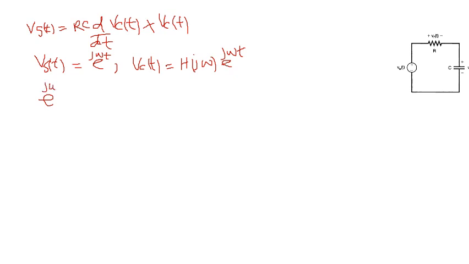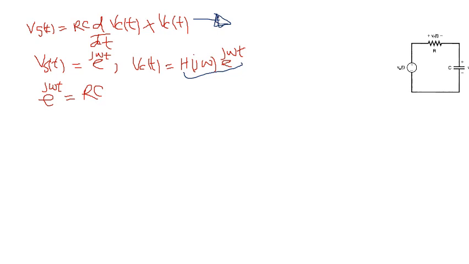E power j omega t, and this is equal to RC, and VCT is this one, right? So we have done this, right? This is your VCT. So derivative of this, if you look at this equation, right, I'm doing this equation.